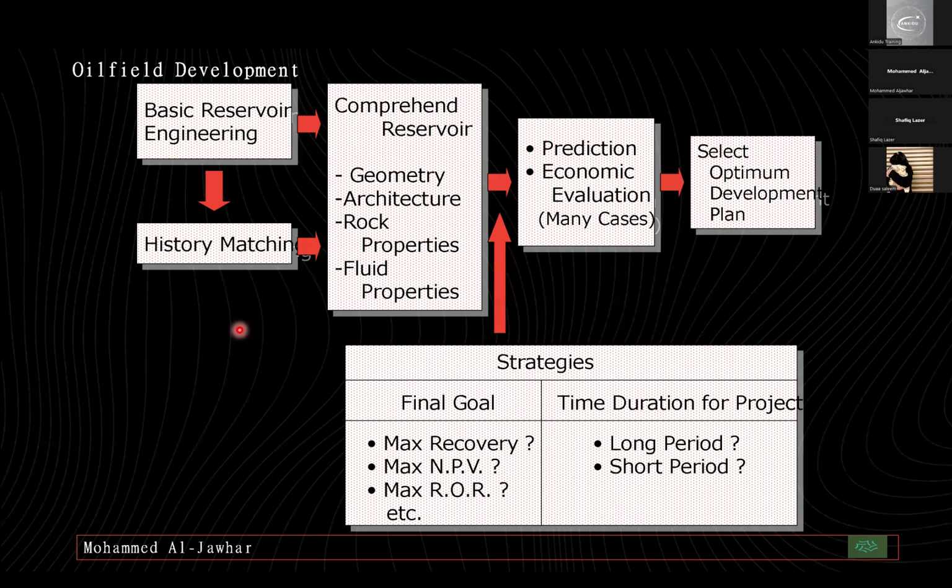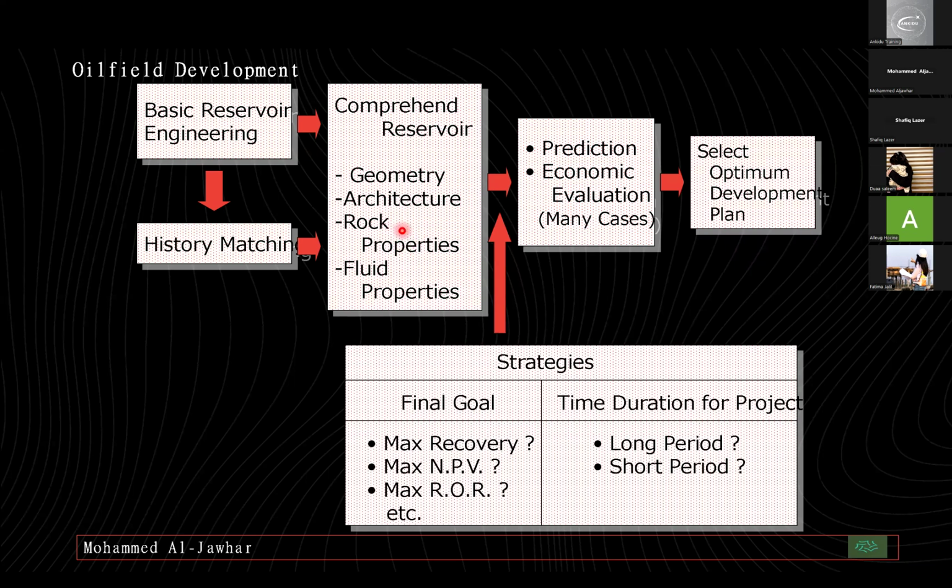So you have basic reservoir engineering and history matching. You have to use some tools in terms of reservoir engineering, and then history matching, and all this connected data from the first phase when you collected it, about the geometry of the reservoir, architecture, rock properties, fluid properties, what you have in hand.